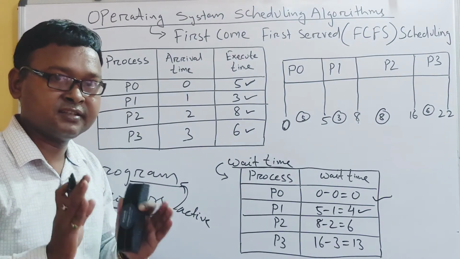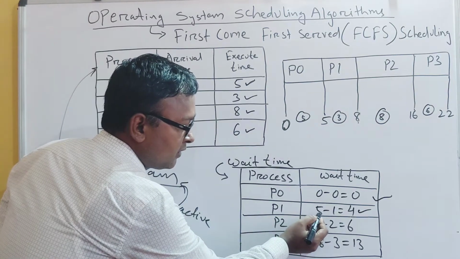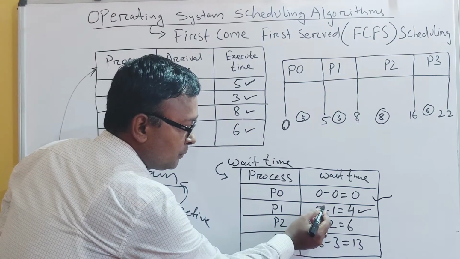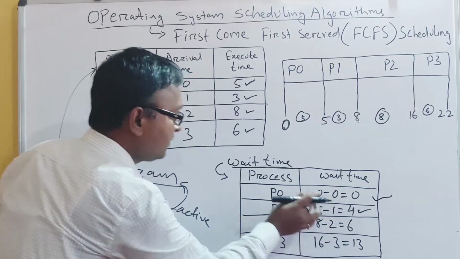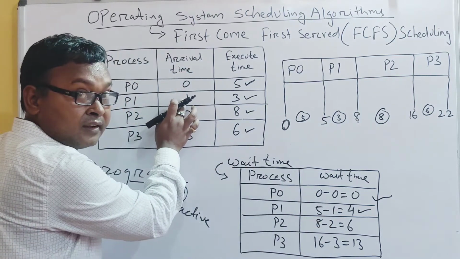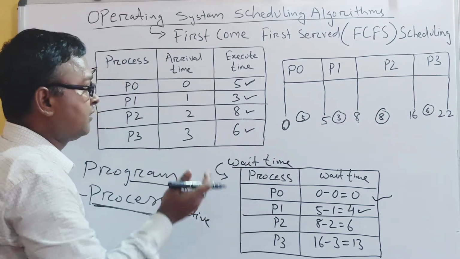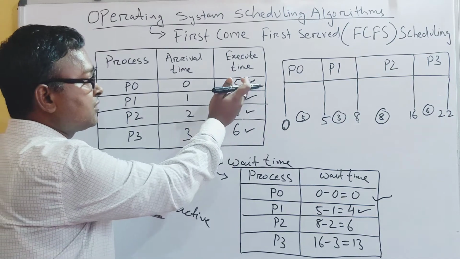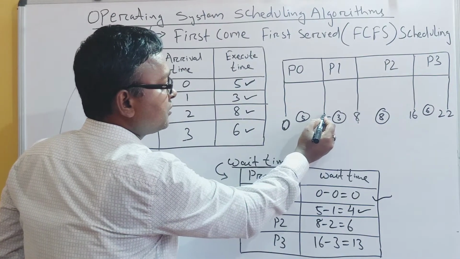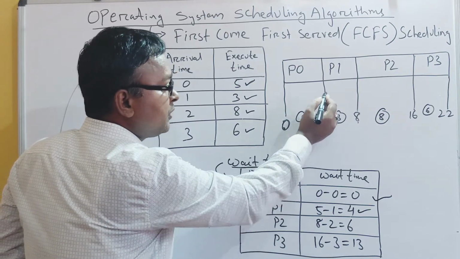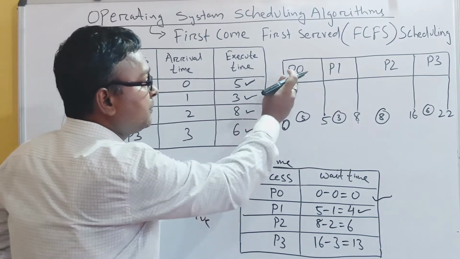Are you understanding? It's clear, right? P0 takes 5 nanoseconds, and P1 arrived at 1 nanosecond. So what is the waiting time for P1? Only 4 nanoseconds. The total execution time of process P0 is 5, and P1 arrived after 1 nanosecond of P0 execution.